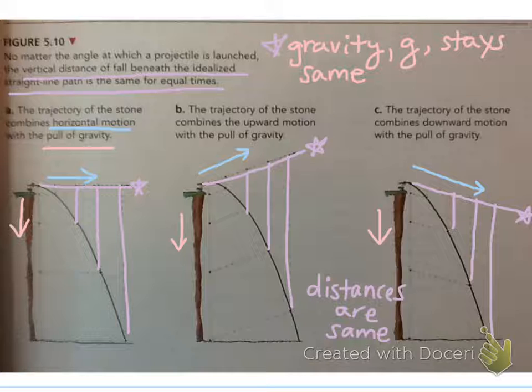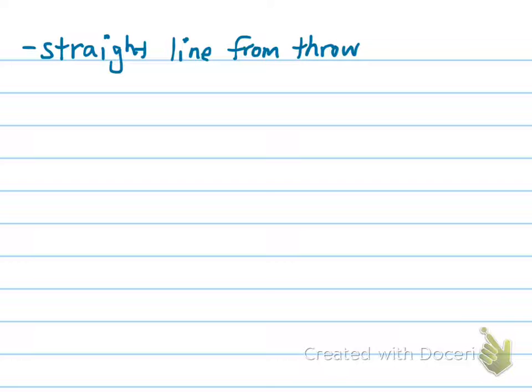How does it stay in motion? In a straight line at constant speed. When I throw it a little bit upward, if we were in outer space, that object would continue moving upward at a constant speed in a straight line path. So that straight line from the throw is the path it would follow if we were just talking about the law of inertia, the idea that an object in motion is going to stay in motion in a straight line at constant speed.